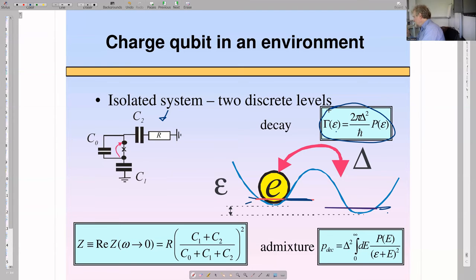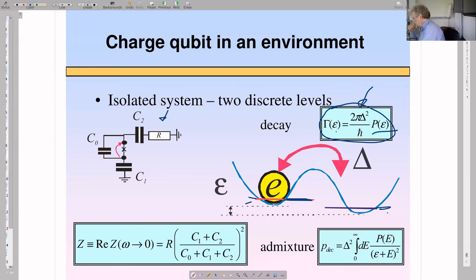And the environment should absorb this energy. So the rate is characterized by the probability to have this energy loss in the course of tunneling. The coefficient in front of this is just the tunneling amplitude squared. That gives us the decay rate.